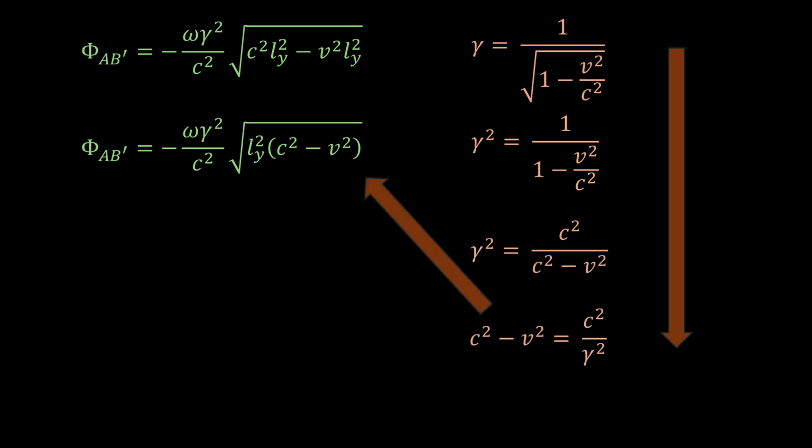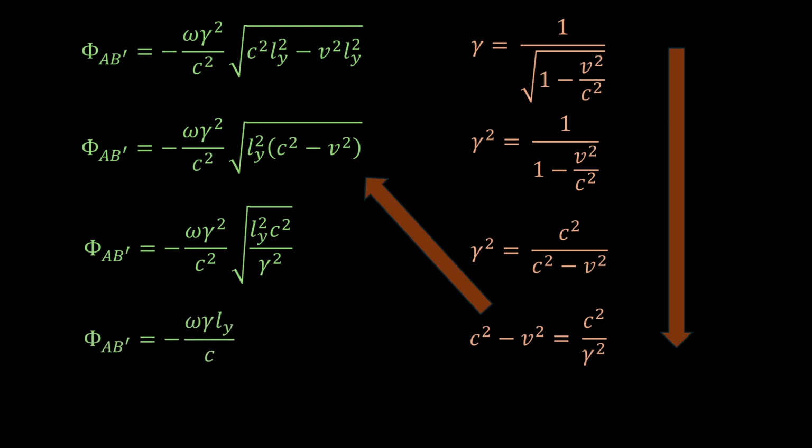Once again, we have a perfect square within the square root, so we can end up with the required expression for psi AB prime. But this contains a gamma, so it varies with v. In other words, our original findings for one dimension do not extend into 2 or 3 dimensions.